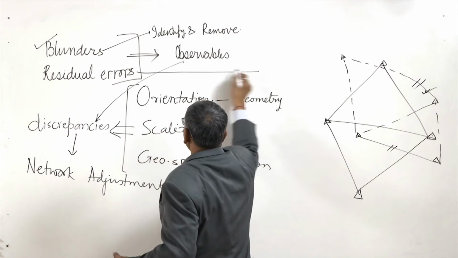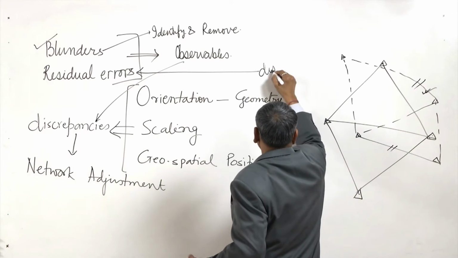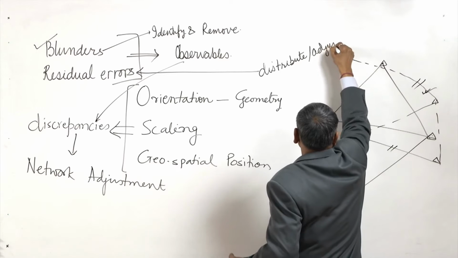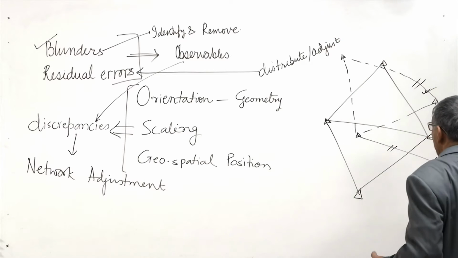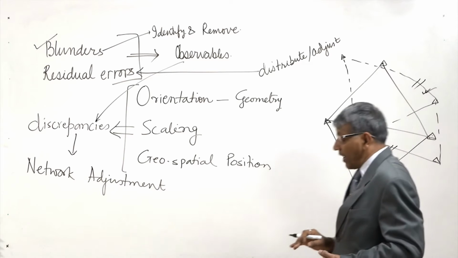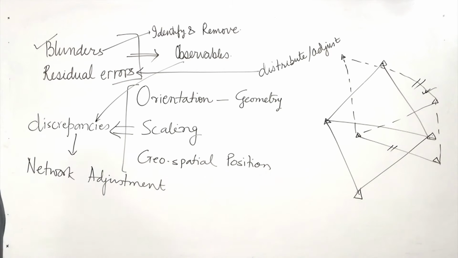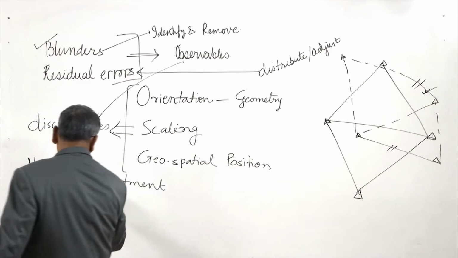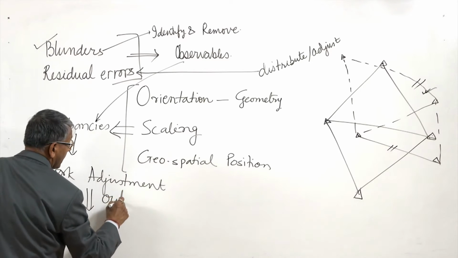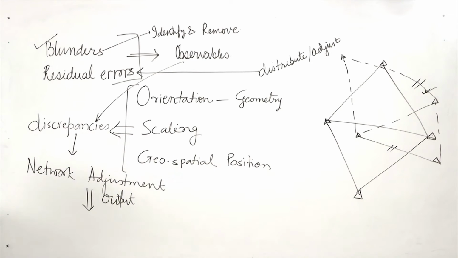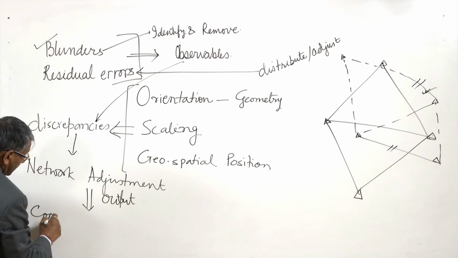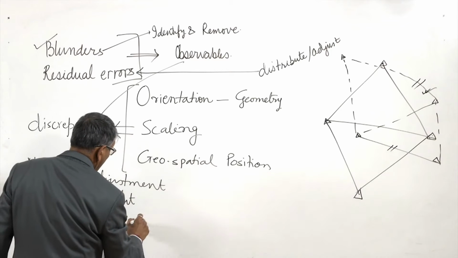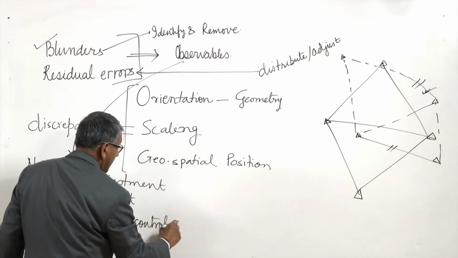We have to distribute or adjust residual errors among all the points or components of the network, and the output of the network analysis will be the correct position of control stations.